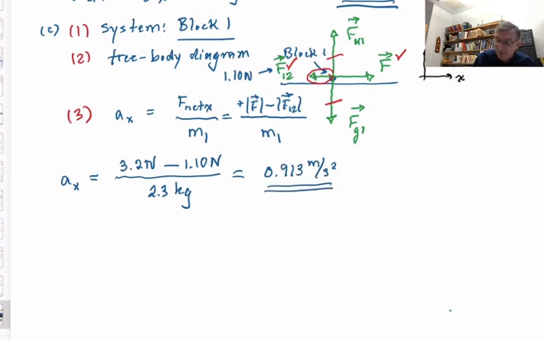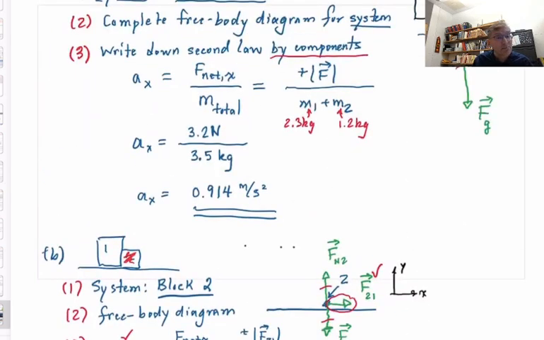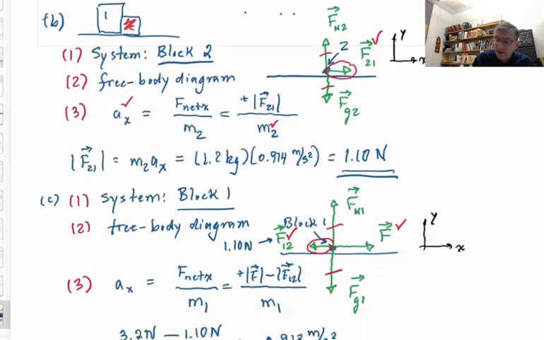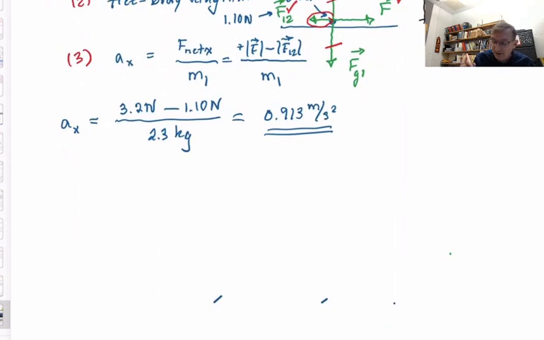Remember when I solved in part A of the problem, when I applied Newton's second law to a different system, the two blocks together, I got 0.914. Now I applied Newton's second law to a different system, block 1 only, but I still got the acceleration, and 0.913 is good agreement with 0.914. So everything's consistent and makes sense. You see what I'm saying?